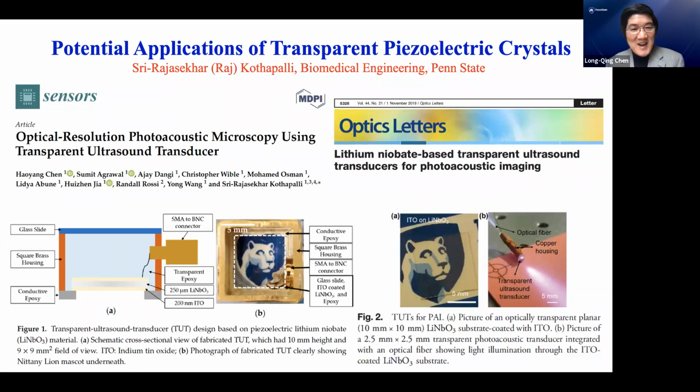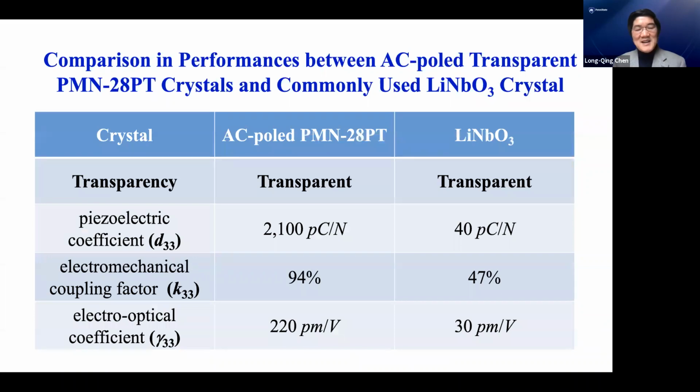Now he's really excited by our work, because if you compare the properties of the AC pole PMN-PT, our transparent piezoelectric crystal, to lithium niobate, comparing the second and third columns, the piezoelectric coefficient is like 50 times higher.